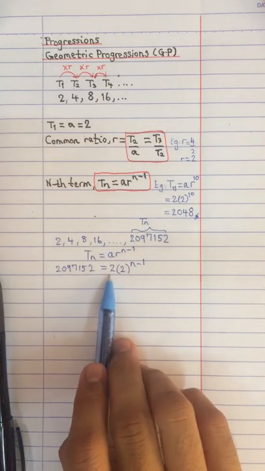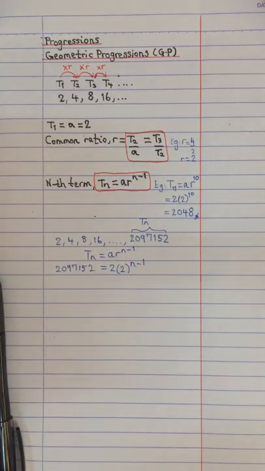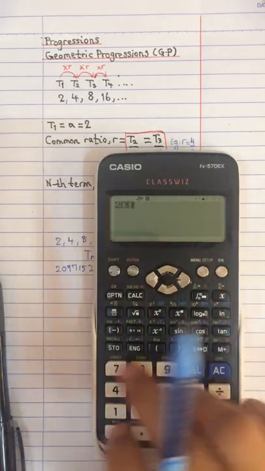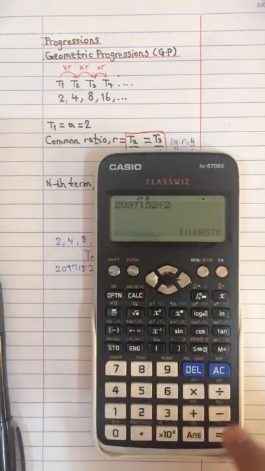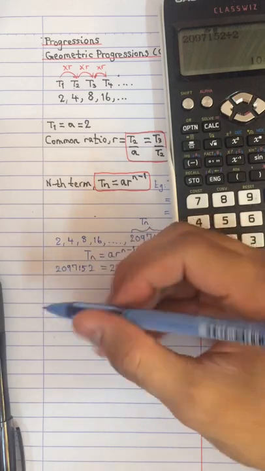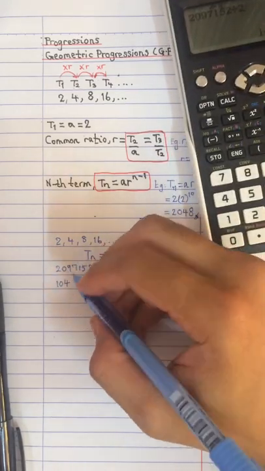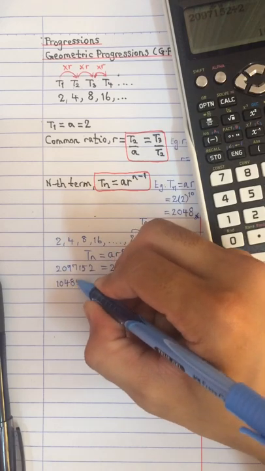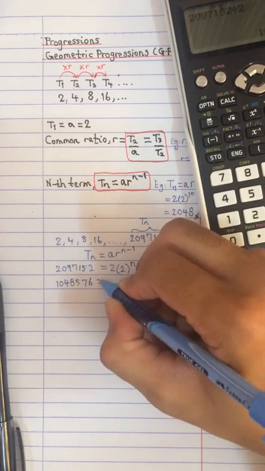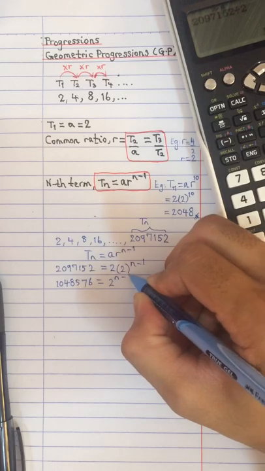The first thing to do is to bring these two over to the other side. So 2097152 divided by 2 gives you 1048576 equals 2 to the power of n minus 1.